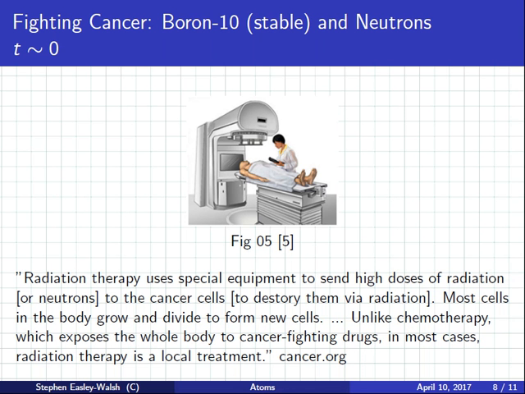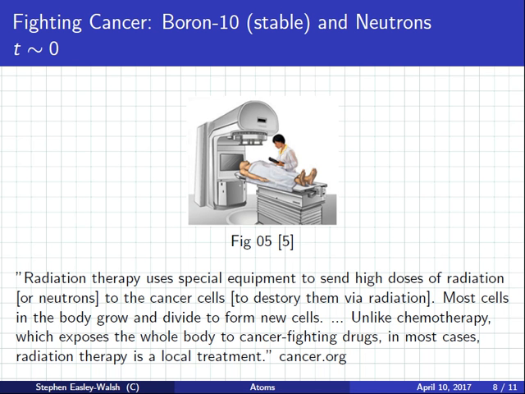Anyway, a big difference between this therapy and chemotherapy: chemotherapy exposes the whole body to drugs to try and kill the cancer. The side effect being that all of your cells are being exposed to the drug that tries to fight the cancer. What's nice about radiation therapy is it's only focused on the cancer site.